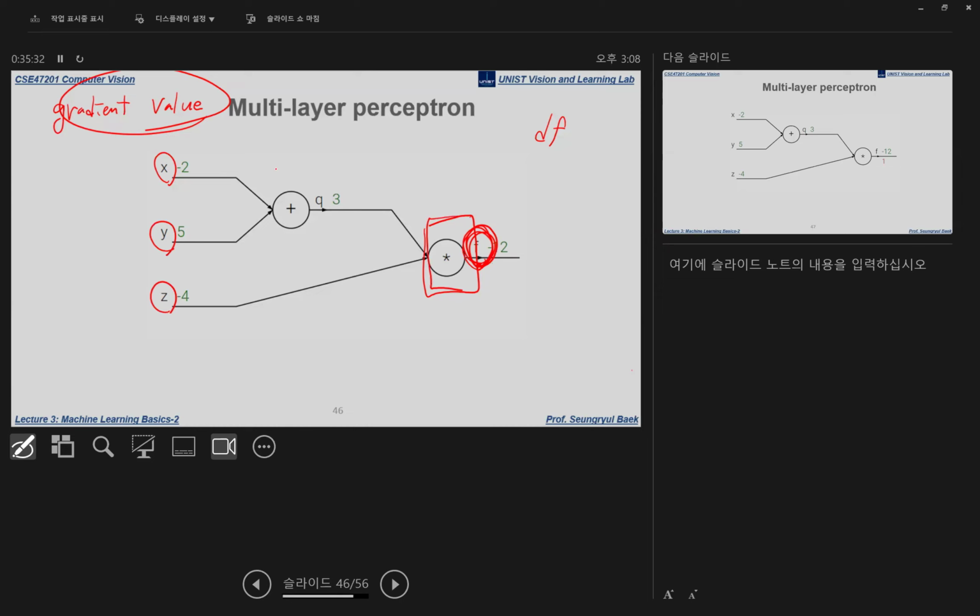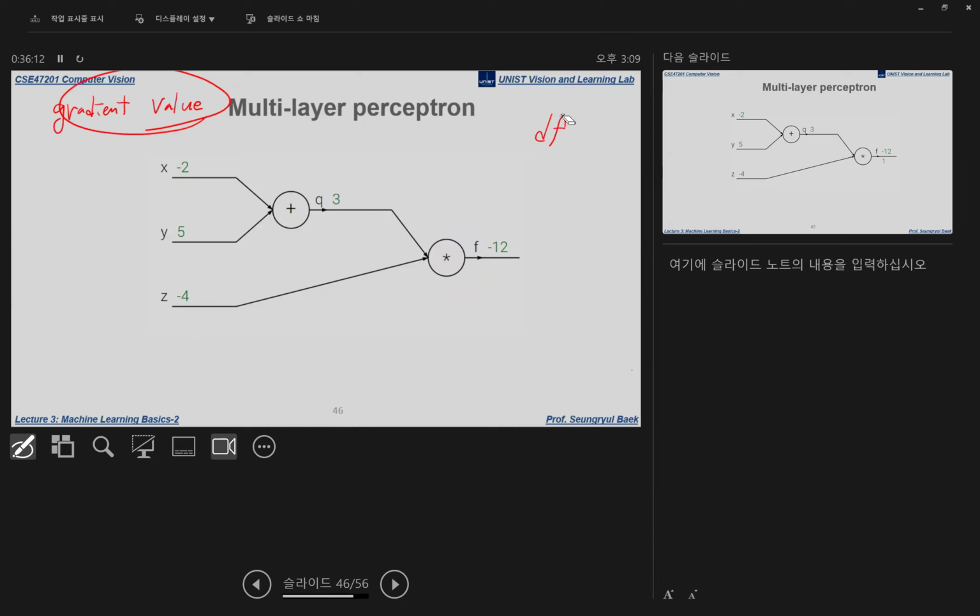For each part of the graph, each node, their gradient has to be defined. Anyway, I will first explain the entire process, and then we'll add more explanation for that.